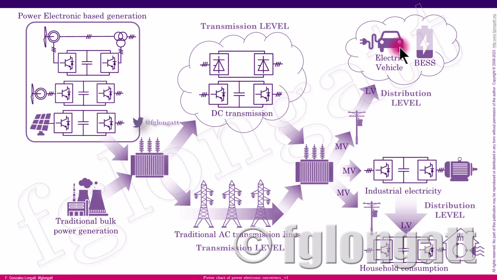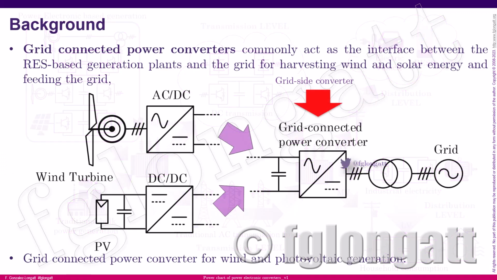The conclusion here is that we have power electronic converters everywhere, from the power generation point of view, from the transmission point of view, to the distribution point of view, and finally to the houses. But in this video today, we are concerned with the most important part of this power converter chain.